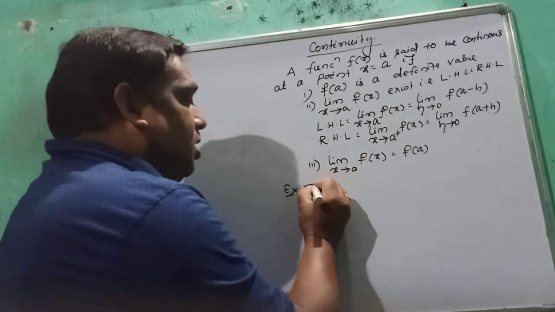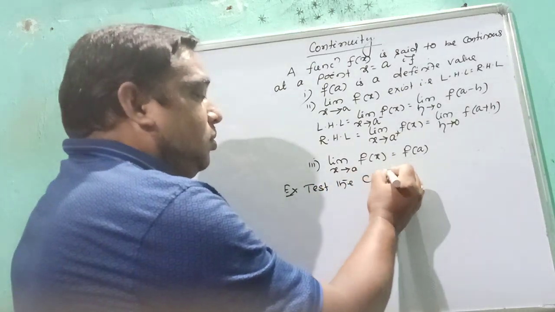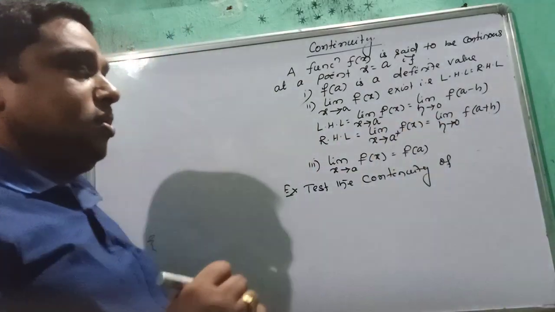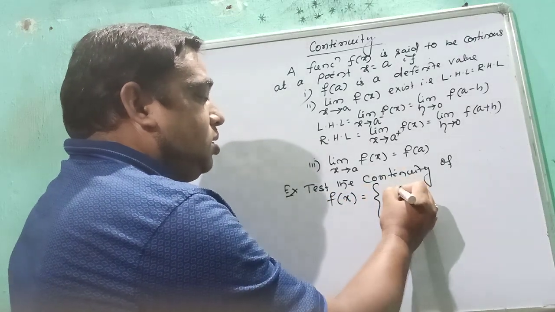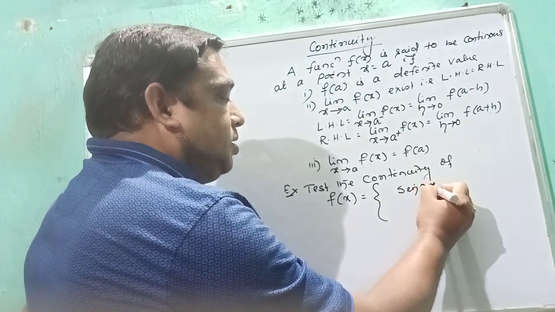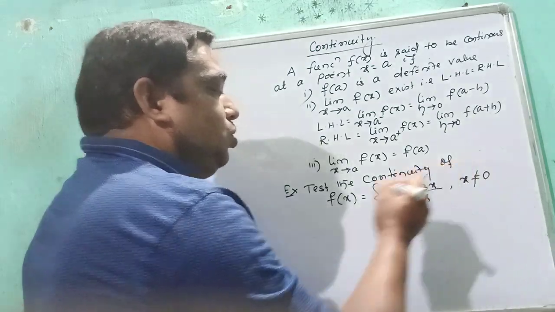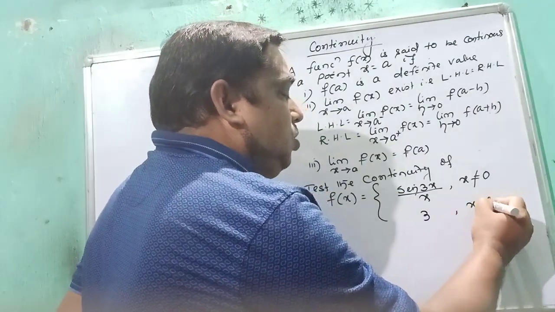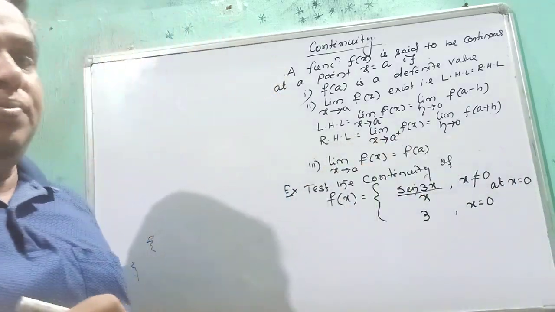First one: test the continuity of f(x) equal to sin 3x by x if x is not equal to 0, and its value is 3 if x is equal to 0, at the point x equal to 0.